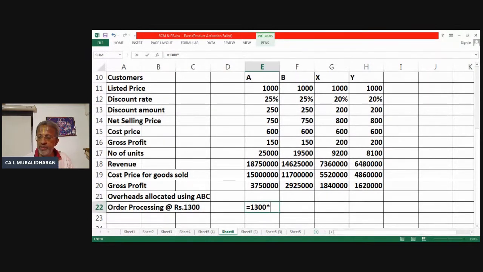Number of purchase orders being 50. Equal to 65 into 1300. 1300 into 230. 1300 into 270.